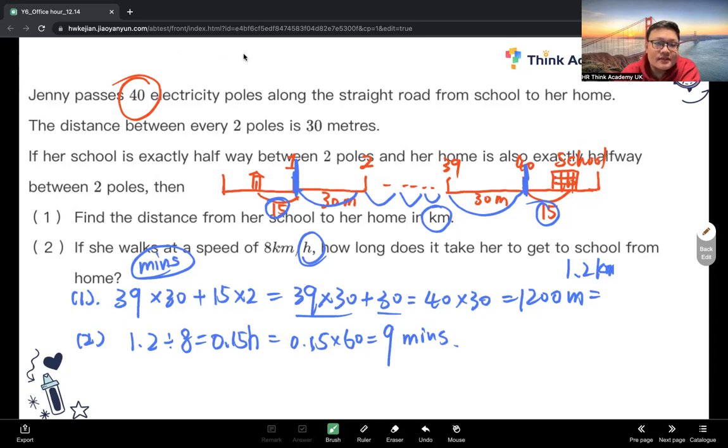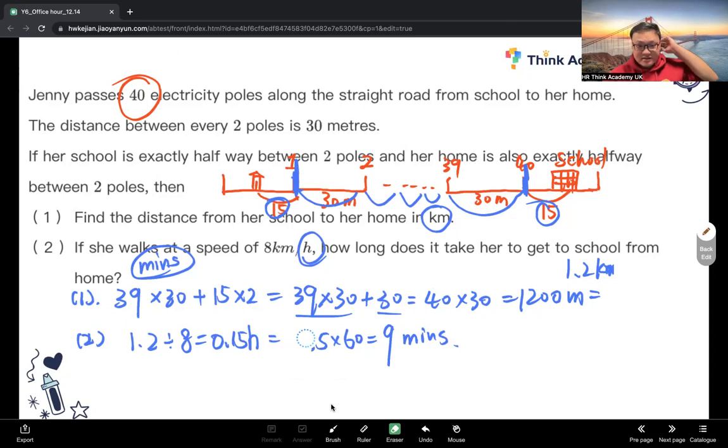Any questions, guys? Are we all good for this one? She's really fast. Is 8 kilometers per hour really fast? Can you convert that into how many meters per minute?